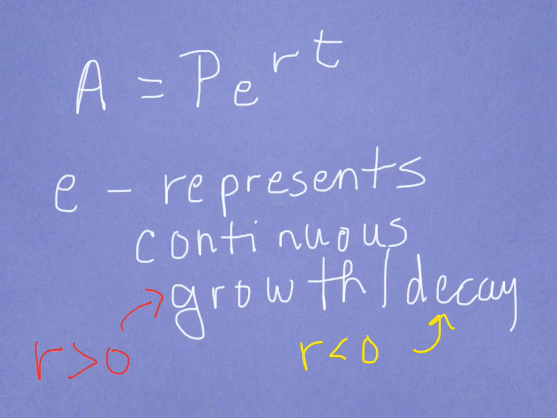So now let's look at our next one. Our next formula is continuous growth or decay. And that's where E comes in. E represents continuous growth or decay. If R is greater than 0, it's going to represent growth, and if R is less than 0, it will represent decay.